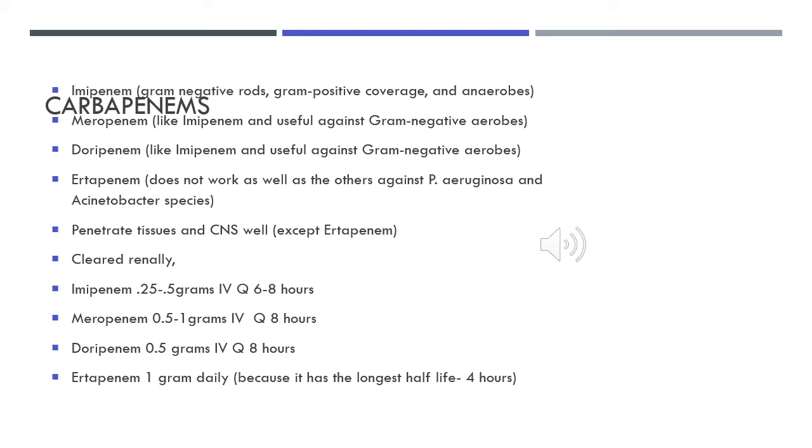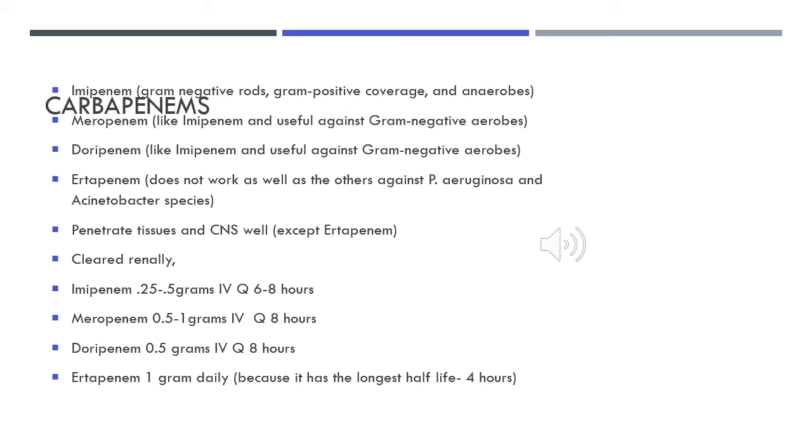And the thing with ertapenem is that it doesn't penetrate the tissues and the CNS that well. So in those particular cases, such as CNS or soft tissue infection, you would want to go with imipenem, meropenem, or doripenem.